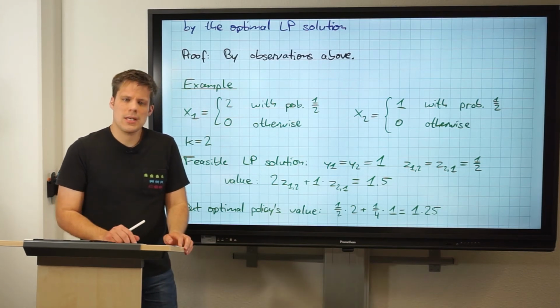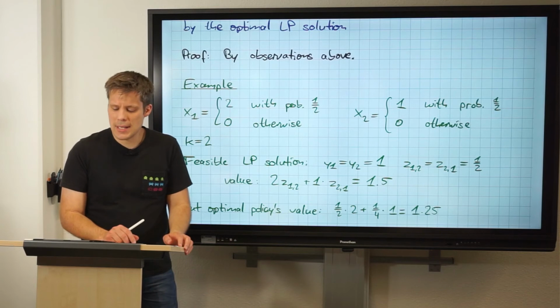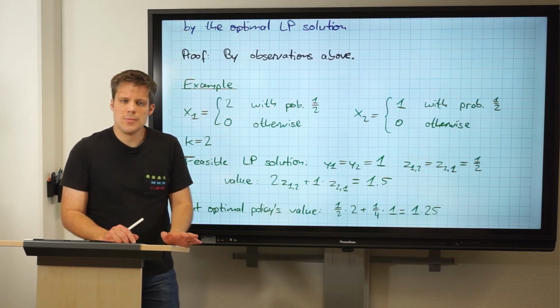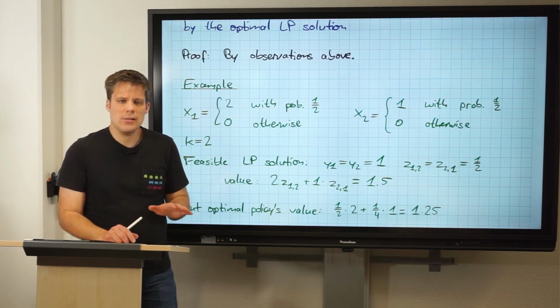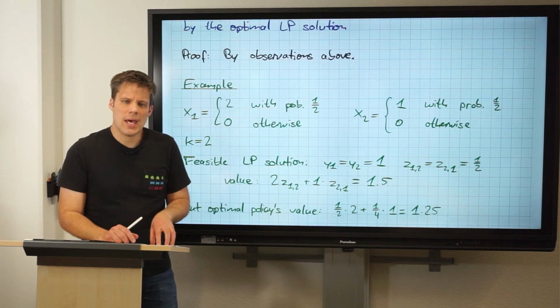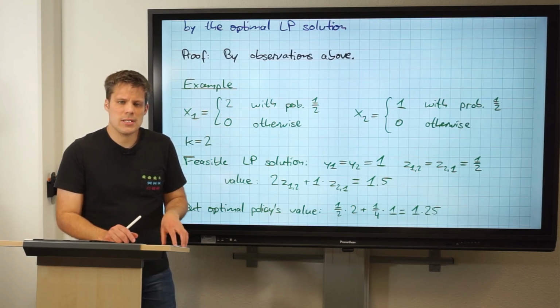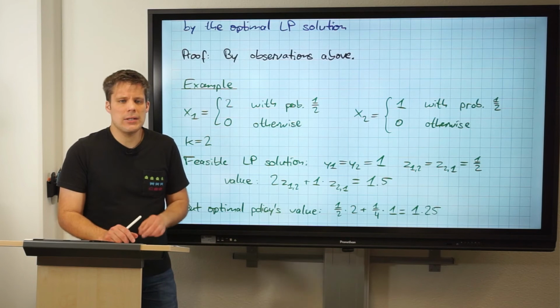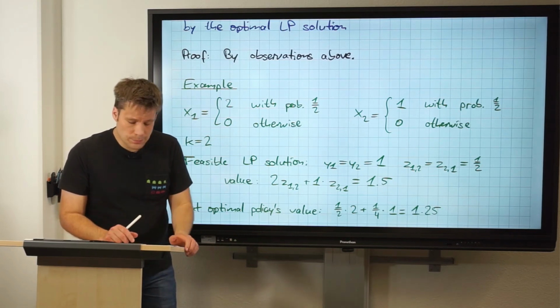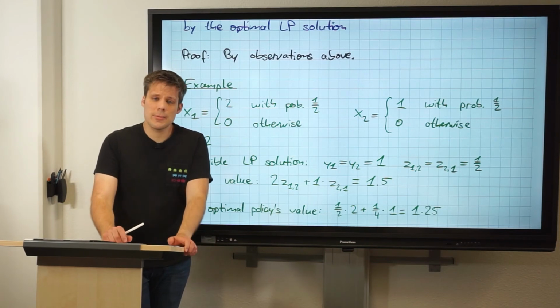But that's not too bad still, because what we can do now is we can still solve this LP and from a solution to this LP derive a non-adaptive policy, whose expected reward we can bound in terms of the objective function value of our LP solution.